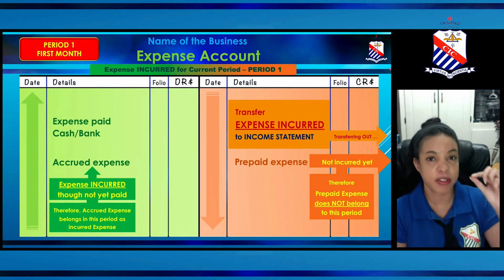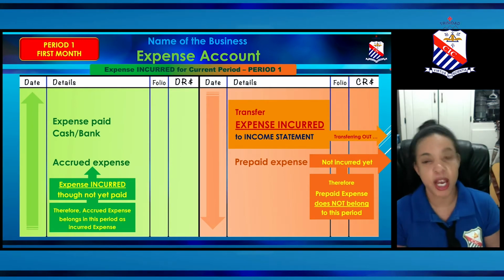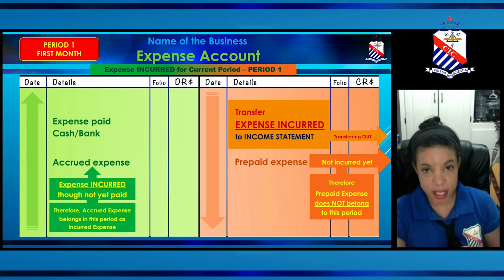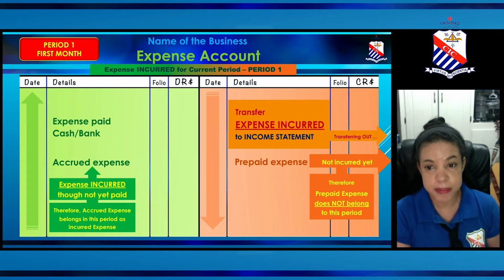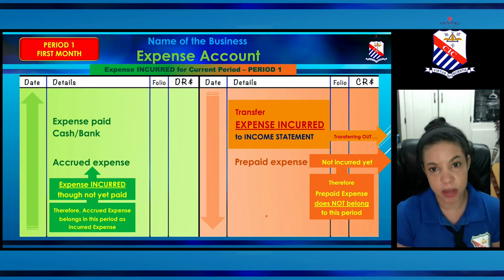They are just there temporarily for a period, and then the amounts are transferred out to calculate your profit for that particular period. So that is what you're doing here. You decrease it at the end of the period so that you can calculate your net profit for that particular period.